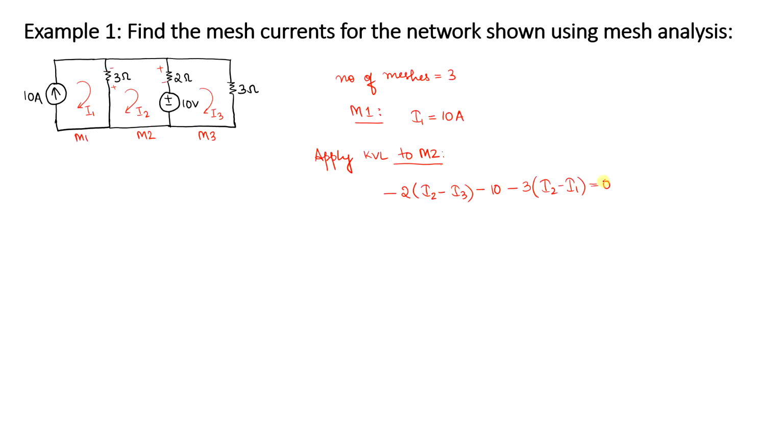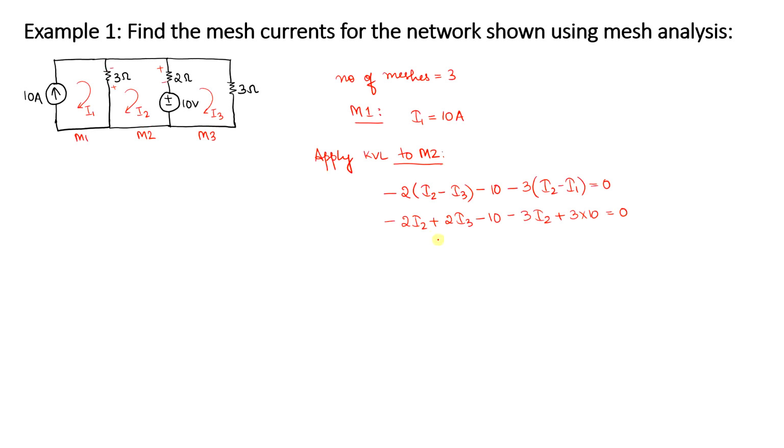So let us simplify this so that we get a clear and a neat equation. So you can write this as, what is the value of current I1? I1 is 10 amps, right? So substitute this and simplify this equation, and you get this as minus 2I2 plus 2 times I3 minus 10 minus 3I2 plus 3 into 10 equal to 0.